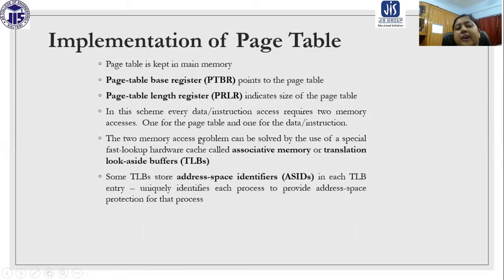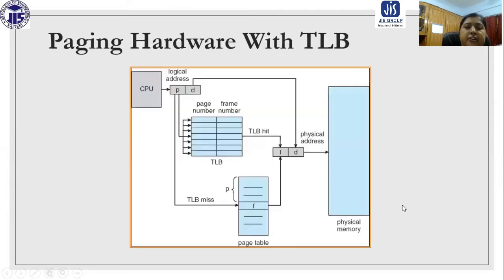The two memory access problem can be solved by using a special fast lookup hardware called associative memory or translation lookaside buffer, TLB. This is a buffer which can be stored in registers. Some TLBs store an address space identifier, and each TLB entry uniquely identifies each process to provide address space protection.